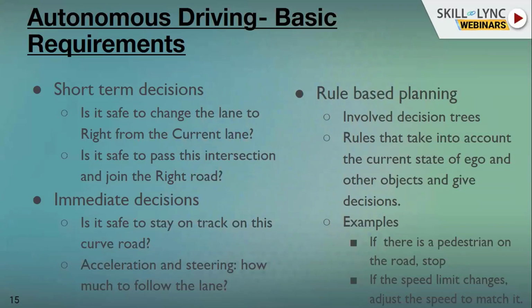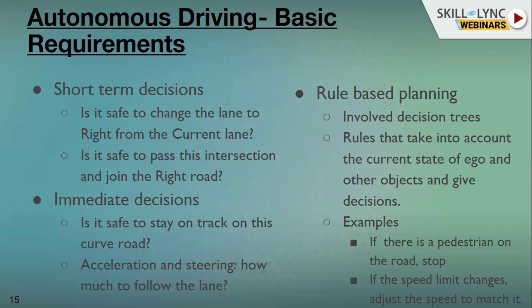In that driving cycle, if any situations occur, is it safe to change the lane to achieve the source to target? For example, is it safe to change the lane to the right from the current lane?